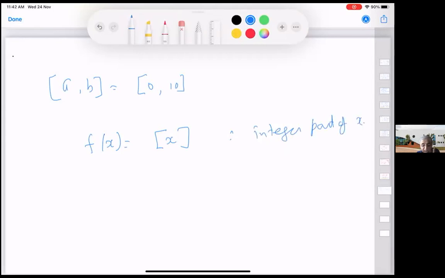You know the square bracket x means the integer part of x, or the largest integer less than or equal to x, whichever way you define. But you all understand what it means. You just remove the decimal part, only the whole integer part. So this is the example. This is not a continuous function, right? Now you prove that UF equals LF. That is the exercise.